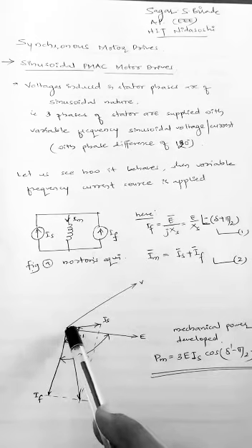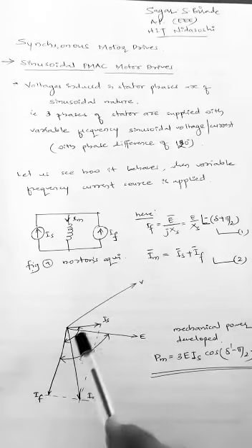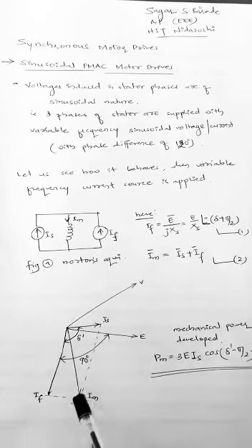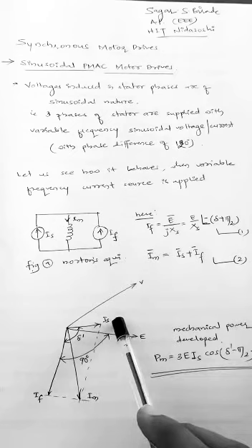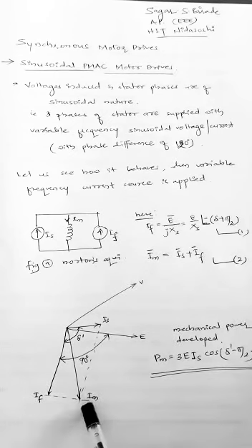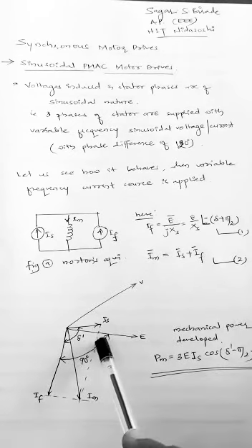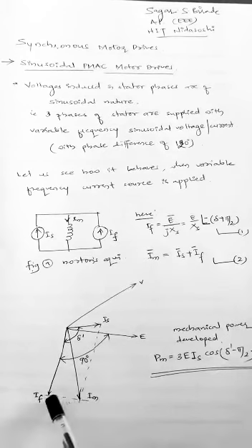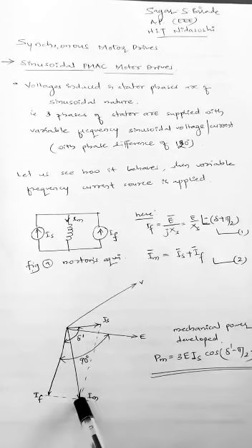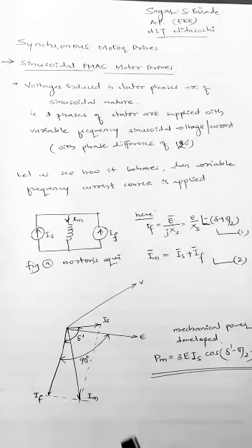So it is drawn first for If, and the addition of If and Is is nothing but Im. We have added them vectorially here. The vector addition of Is and If is drawn as Im. I drew a line parallel to If and a line parallel to Is, and where they meet I join it from the origin to give rise to Im.